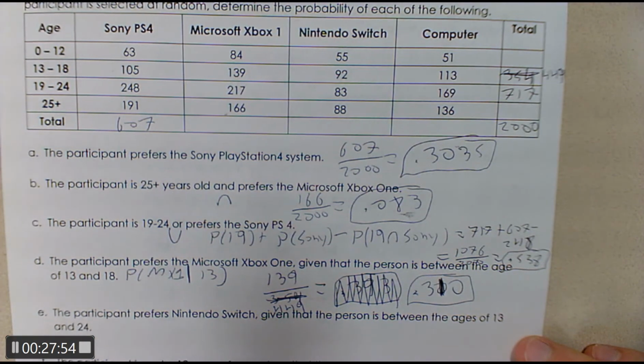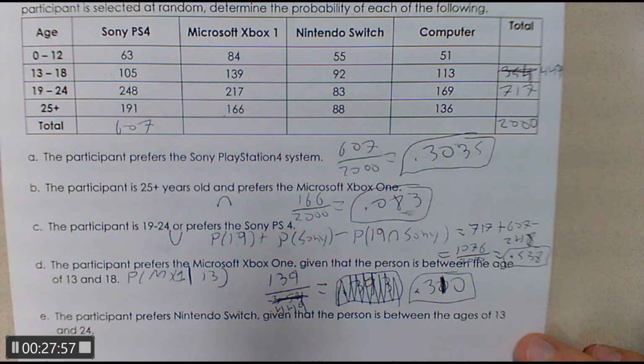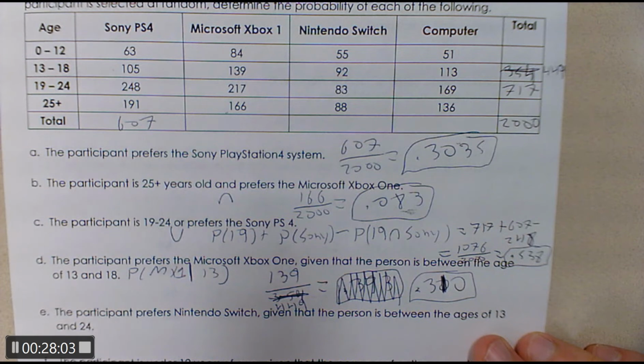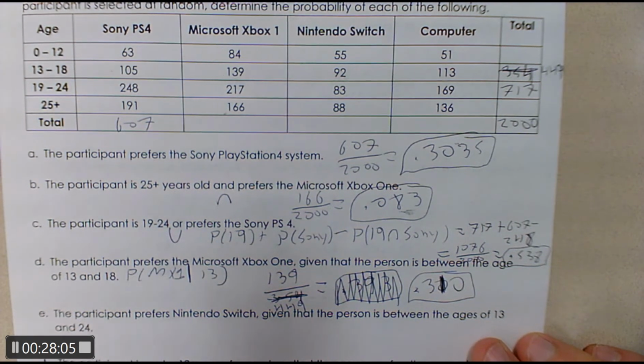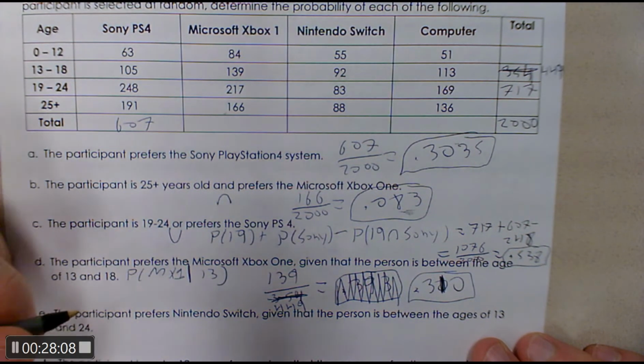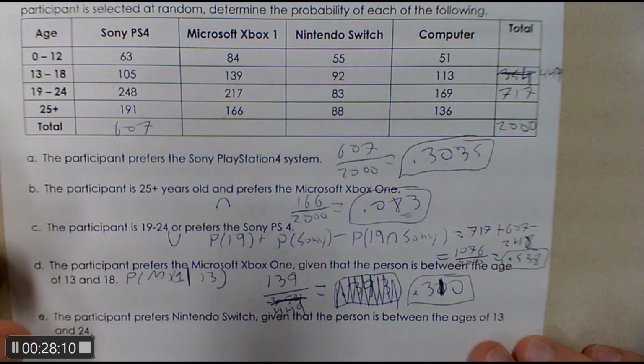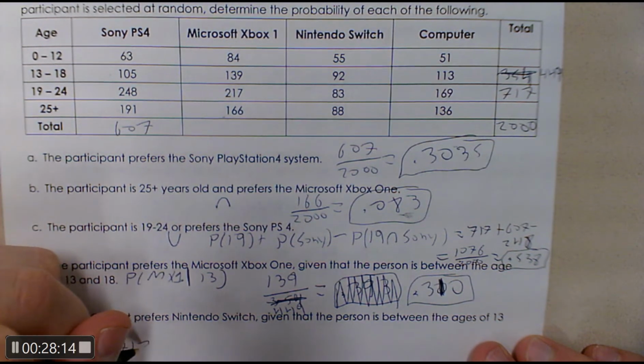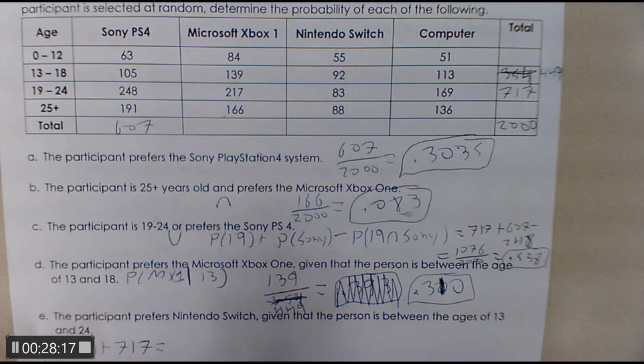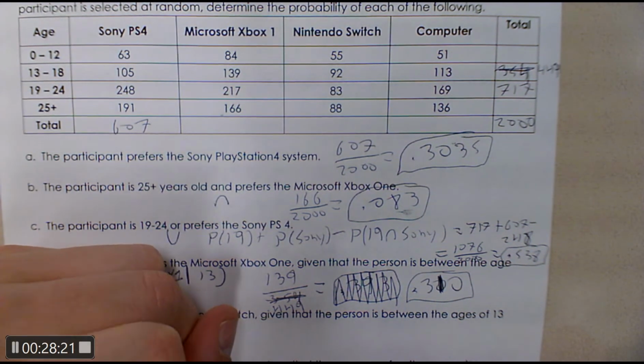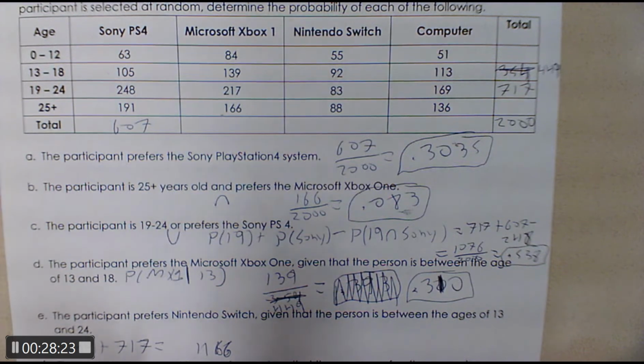E is the same question. So given that they're between the ages of 13 and 24, okay? Between 13 and 24, that's two different groups, right? So the total between 13 and 24 is 449 plus 717, right? So that gives us 1166 possible answers, okay?